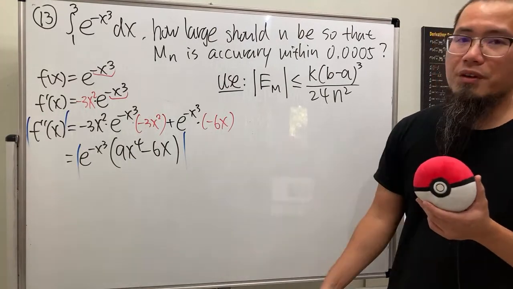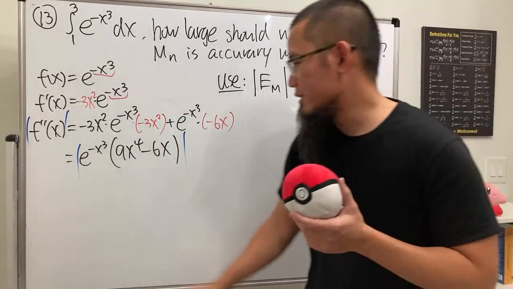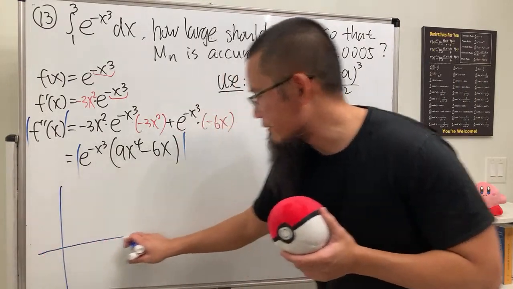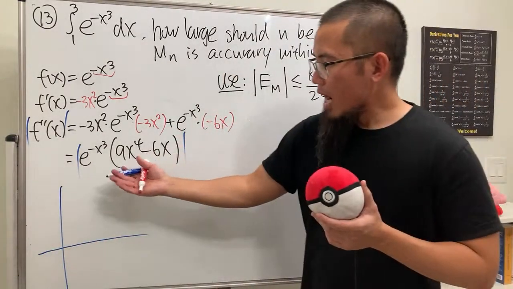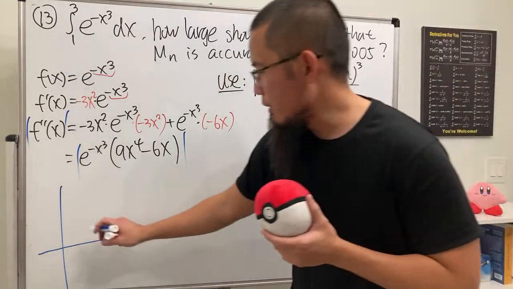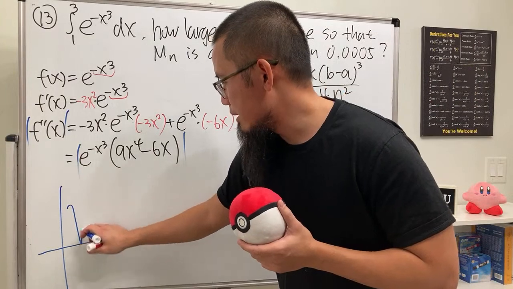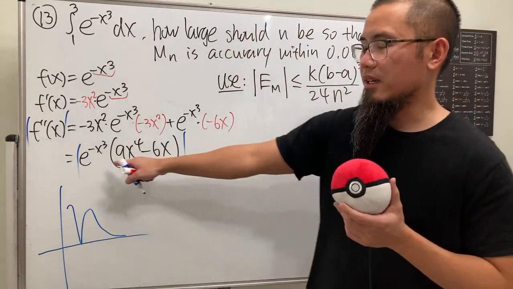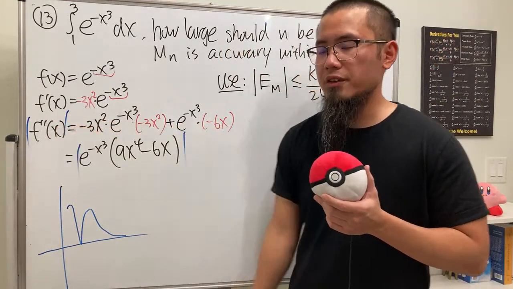It's still possible to find the maximum, but like we'll just use a graphing calculator for this, and I will just give you guys the graph. So if you graph this, the picture is going to look like the following. It's going to look like this and then like that. Right? Somewhat like this. So that's the absolute value of the second derivative.